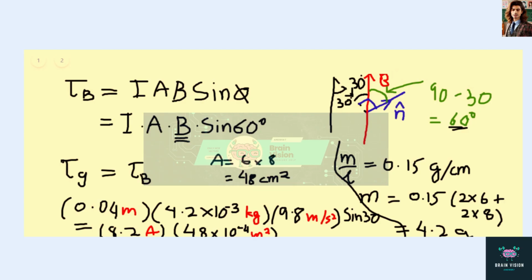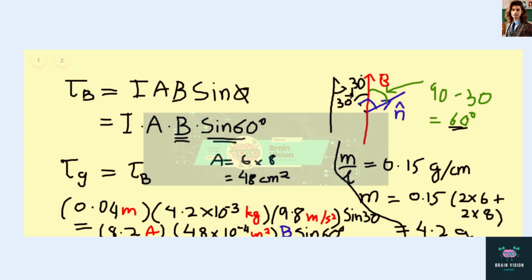Then I have the magnetic field, the quantity I'm trying to solve for, times sine of 60 degrees.